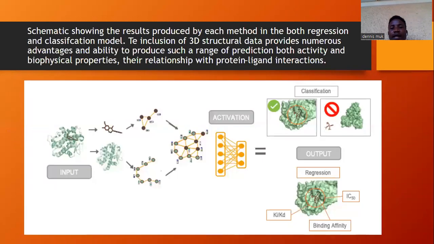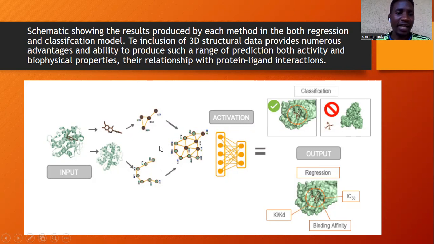And lastly, what we've been looking at in the entire article that I was given to review. Here on the left we have the inputs, the proteins and the ligands. Then we have their activation. Then what we end up with, either in the classification or in the regression.